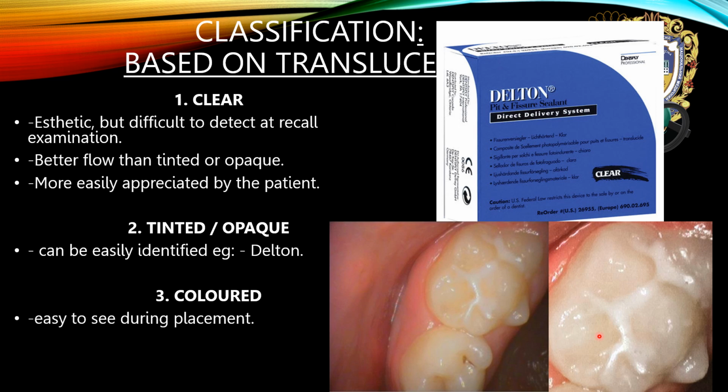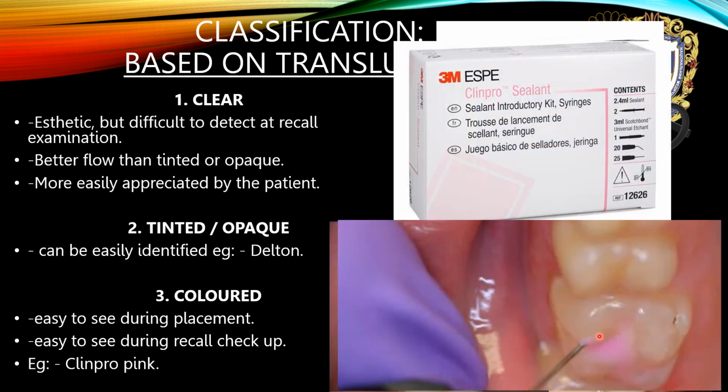This group of materials is easy to see during placement, easy to see during recall checkup, and an example of this group is Clinpro sealant with pink color.